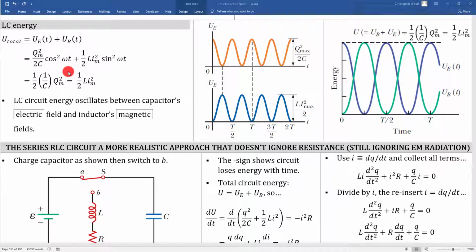You can express the maximum electrostatic potential energy this way and the maximum magnetic potential energy this way. Because energy is conserved, they're equal to each other. Here's the graph of electrostatic potential energy. Here's the graph of magnetic field potential energy. Here's what you get when you add the total of both energies. You get a constant value that fluctuates between both energy types.